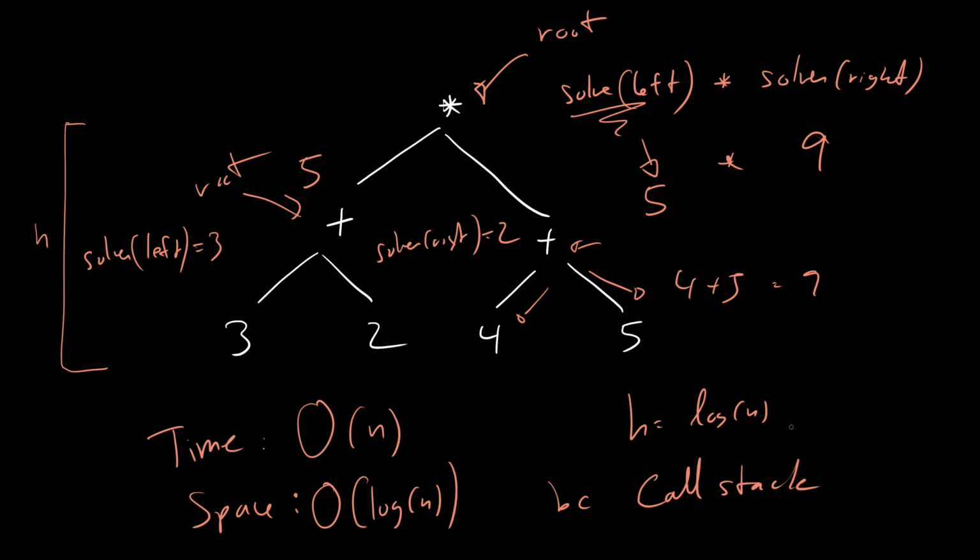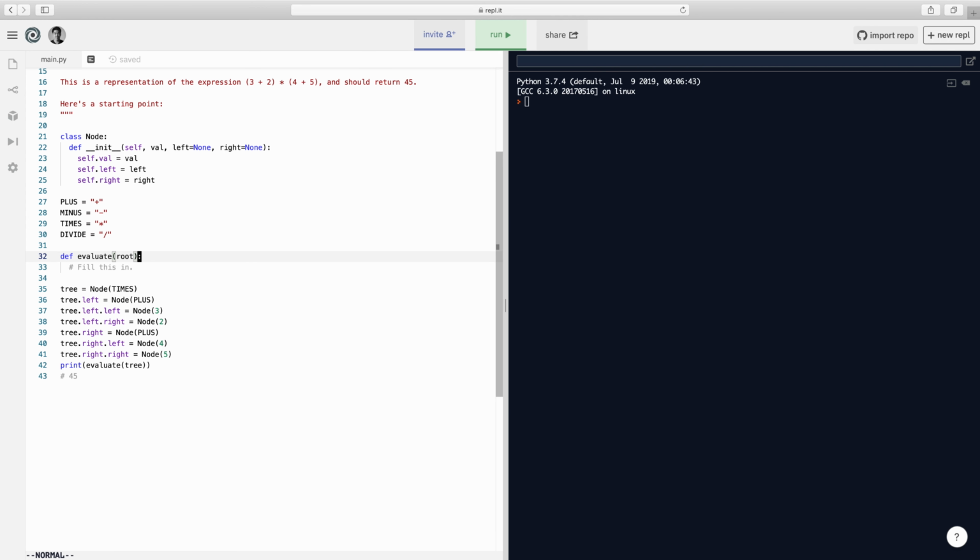Yeah, so that's pretty much it. So let's code it up. Like we said, there is a base case. The base case will be if it's just a number. So we're going to deal with all the operations first, and then at the end, if it's just a number, we just return the value.